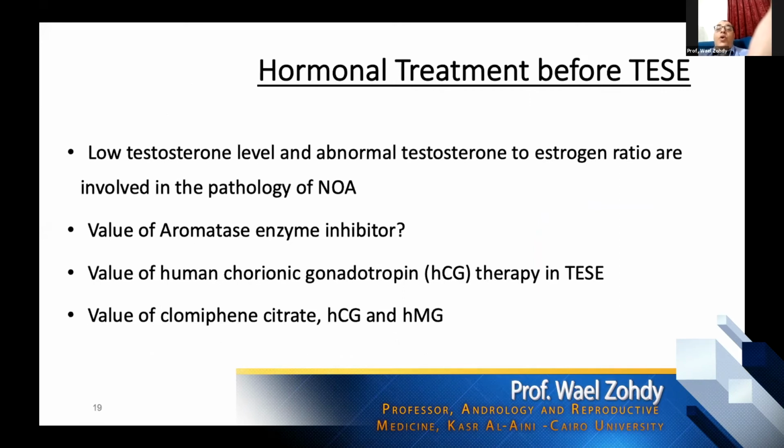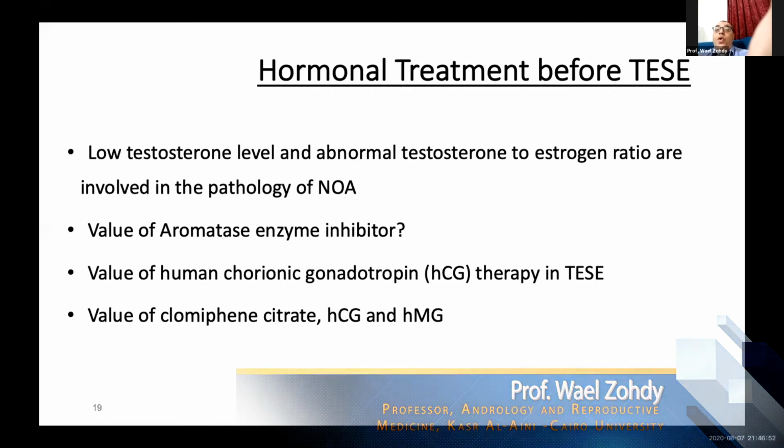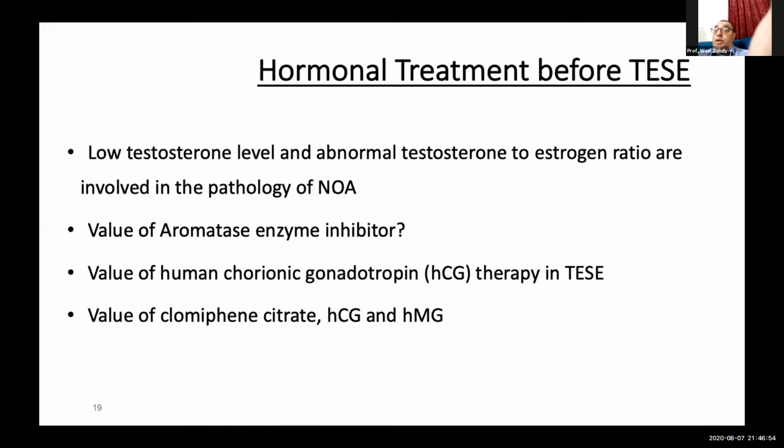This is regarding hormonal treatment or hormonal optimization, as we said. So aromatase enzyme inhibitor is one of the options. Treatment before TESE with HCG, HMG, or using clomiphene citrate. The main idea here is to increase the intratesticular testosterone production.